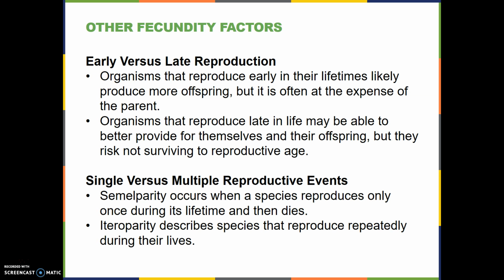All right, other fecundity factors are early versus late reproduction. Organisms that reproduce early are likely to produce a larger number of offspring. Sometimes that kills the parent.